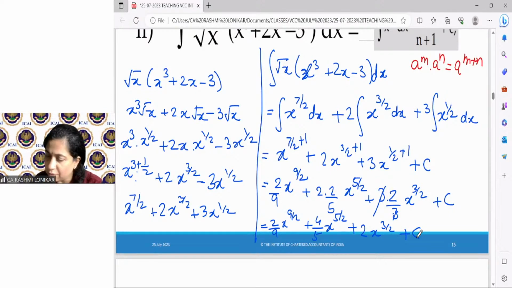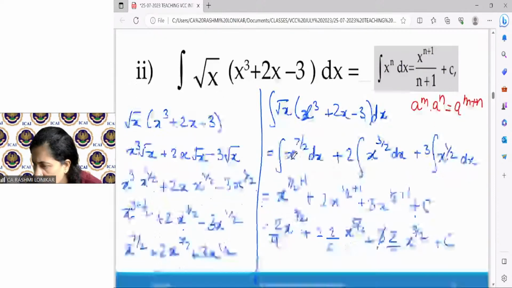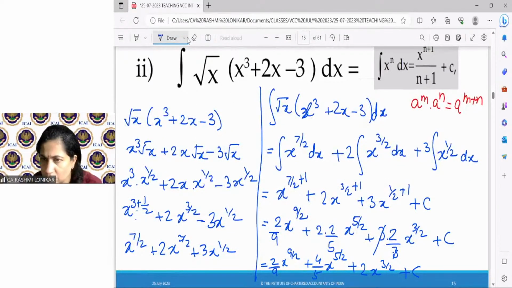Yes, x raised to 7 by 2. How is it minus 3? Where minus 3? Minus 3, it is given in the question only, no? Oh, okay, okay. Sorry. Yes, thank you for pointing it out. This is minus, not plus.